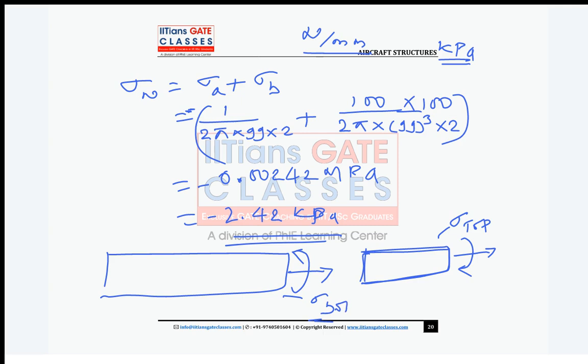Now, guys, another case. In this case, if your bending is like this, where is it maximum and what is it? Compressive or tensile?